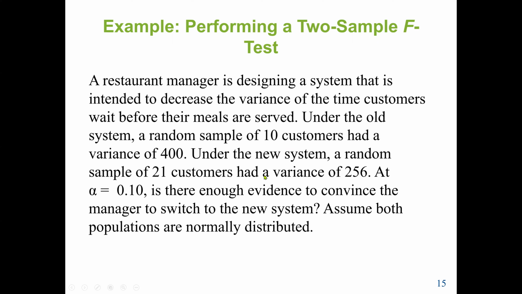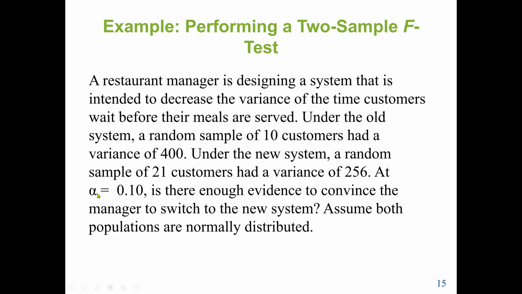So we can say s2 squared is 256. The first, s1 squared, is 400. Remember, our condition said s1 squared should be greater than or at least equal to s2 squared. And also alpha is given to us.